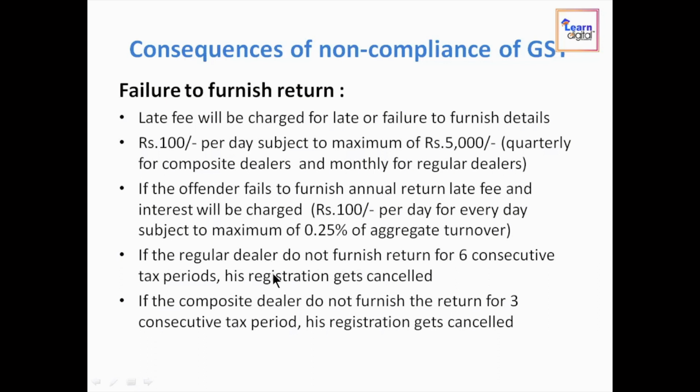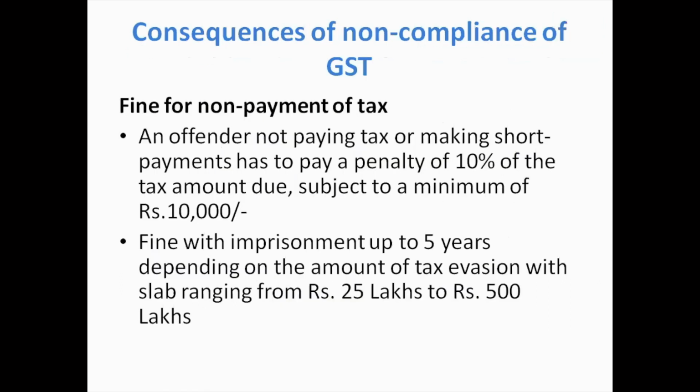And the rule for a composition dealer is, if the composite dealer does not furnish the return for 3 consecutive tax periods, his registration gets cancelled. So it is always recommended to file GST returns on time, on the particular due date. Before the due date is fine, but try to make it on the due date.